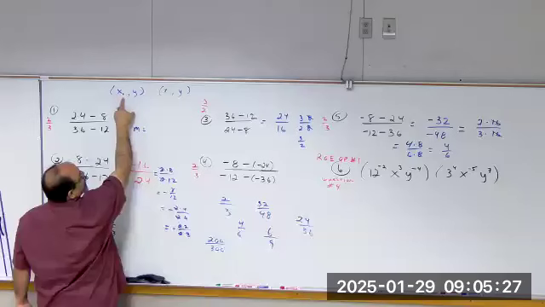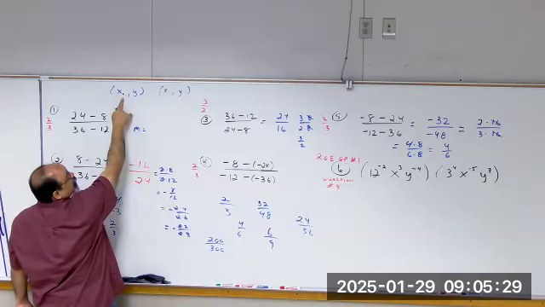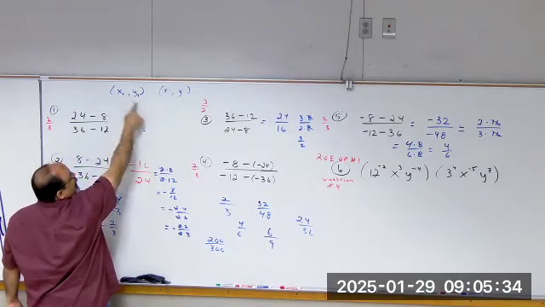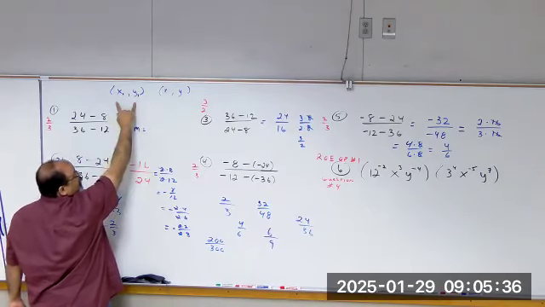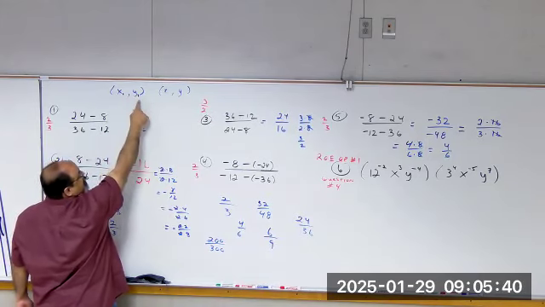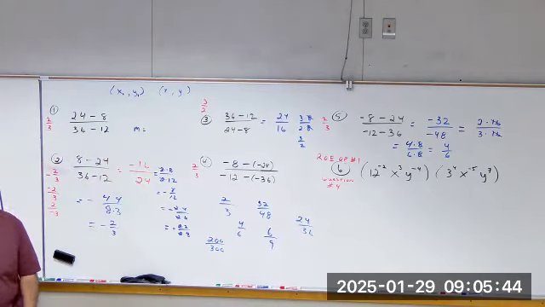This is x sub 1, that's the first x coordinate. This is y sub 1, that's the first y coordinate. So this would be the first point, the first set of coordinates, the first ordered pair, x sub 1, y sub 1. That's how it's pronounced. I know some people just say x1, y1. And that's okay.